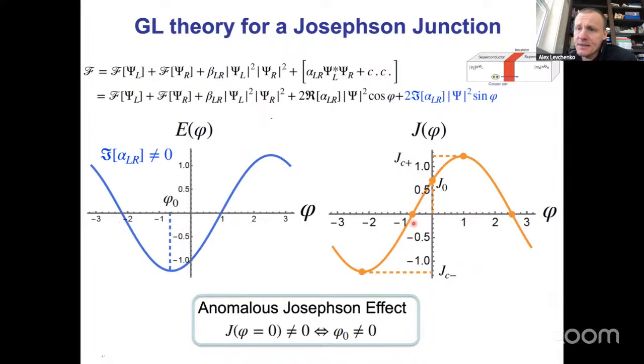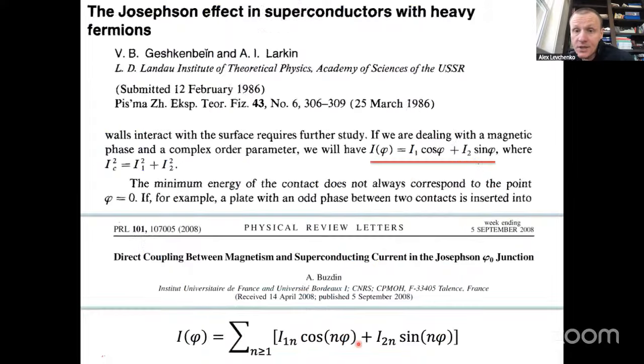So it means that when you have a current phase relationship with this anomalous phase shift, this phi naught is a non-vanishing quantity. It was predicted originally, I think, in the work of Geshkenbein and Larkin in '86, where they discussed magnetic phases of heavy fermion superconductors, and they pointed out the possibility of having this term.